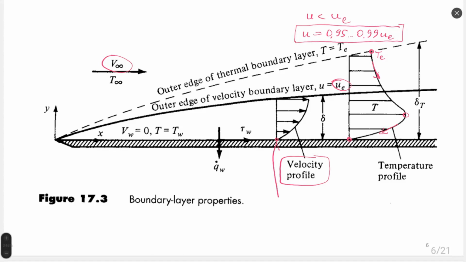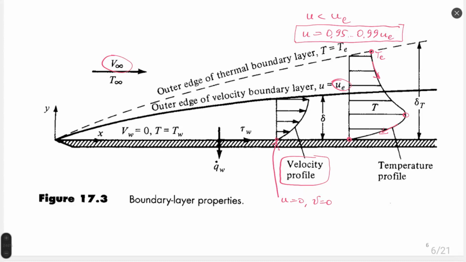We know that at this point we have u equals 0 and v equals 0. And then velocity increases till the edge of boundary layer. Theoretically, outside of boundary layer, velocity will be already high and close to infinite velocity, at least in case of this task of flat plate.